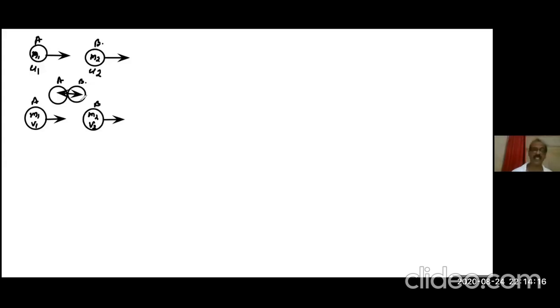Let us consider two bodies of masses m1 and m2 traveling with initial velocities u1 and u2 respectively.